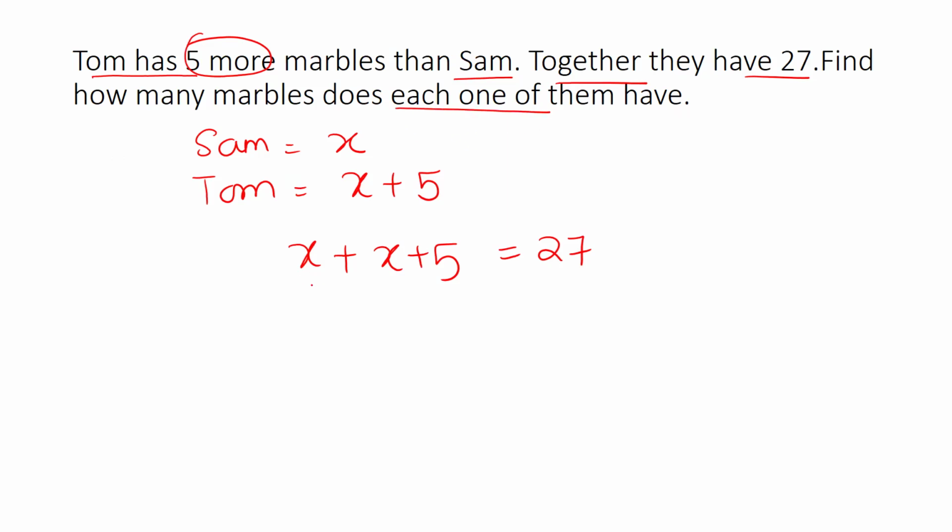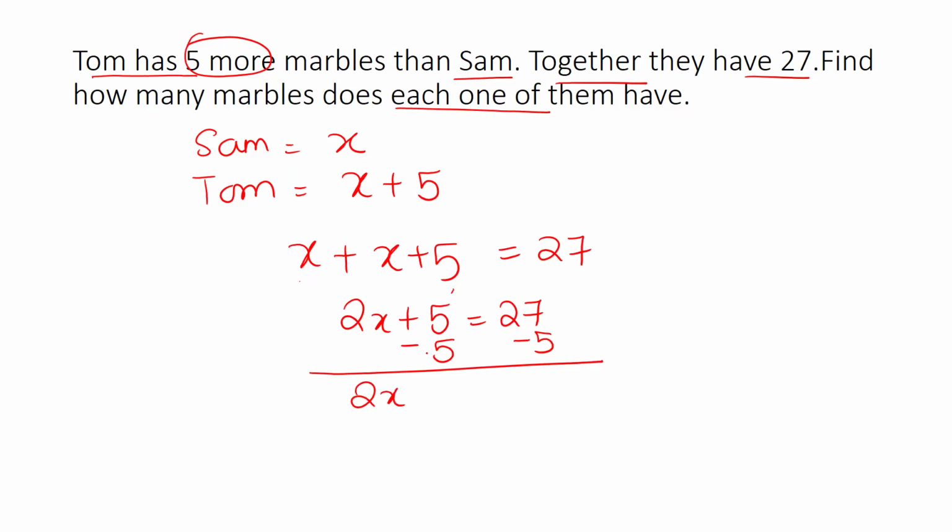So we need to find x and then substitute back to find the number of marbles for Sam and Tom. x plus x is 2x plus 5 equals 27. Using our inverse operation, we take away 5 from both sides. Whatever operation you do on the left, you have to do on the right. We are left with 2x equals 22, as the 5 and 5 cancel out.